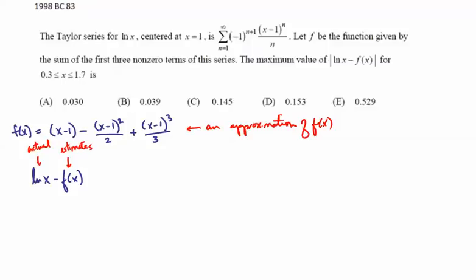And when we wrap that in absolute values, we're saying we don't care whether the difference is positive or negative. We're only concerned about the magnitude of the difference between the actual and the estimate.